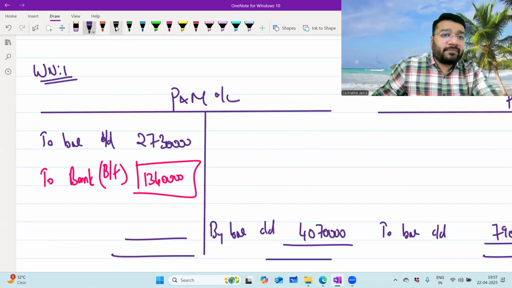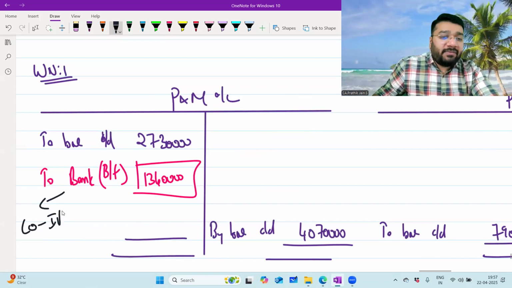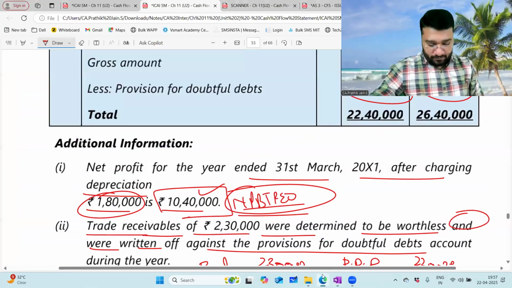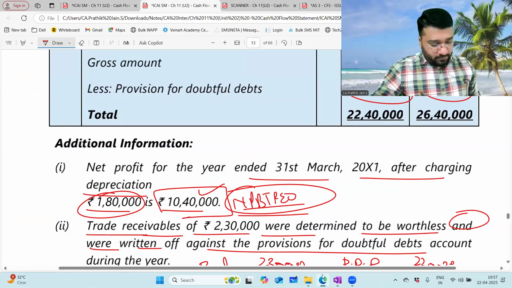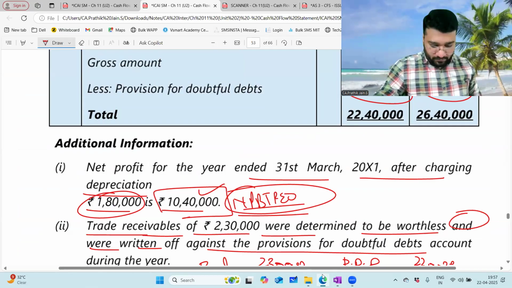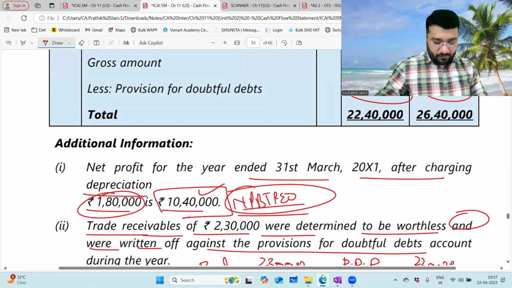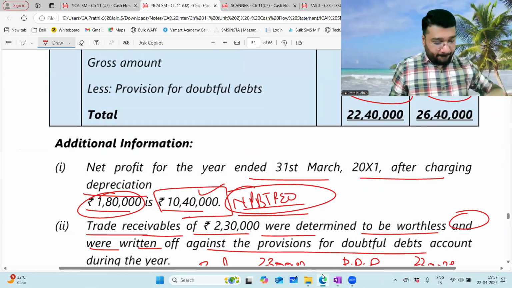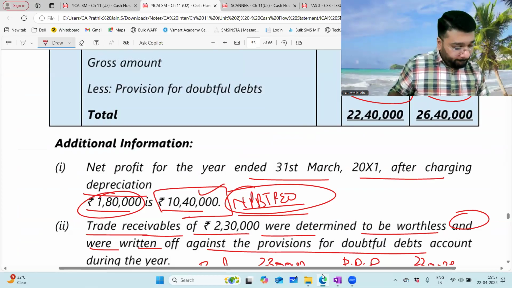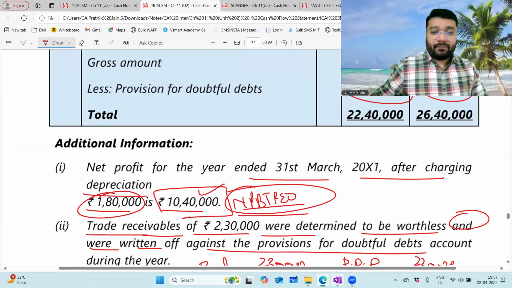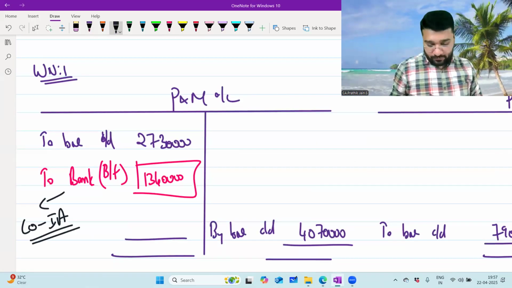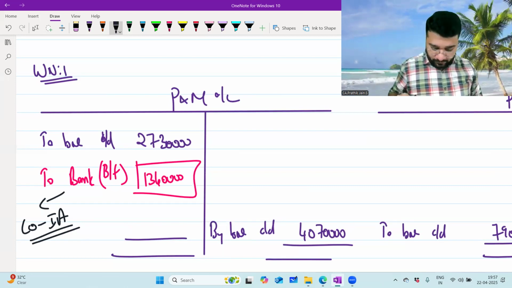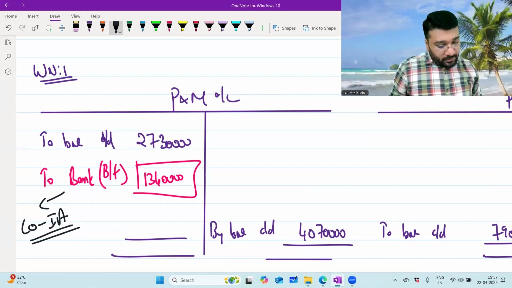This is cash outflow, investing activity. Thirteen forty we got for plant and machinery. Okay, done.